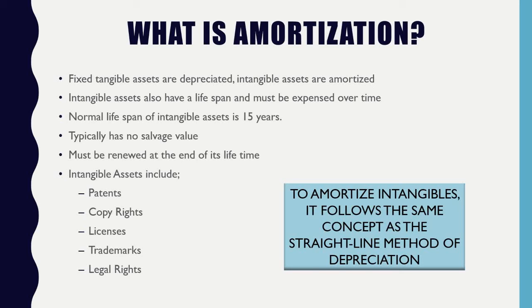Now, the huge difference about an intangible asset is that it has some key components that you have to take into consideration. An example of an intangible asset is something you can't touch. We obviously know that; that's why it's called intangible. So things like patents, copyrights, licenses, trademarks, even legal rights.